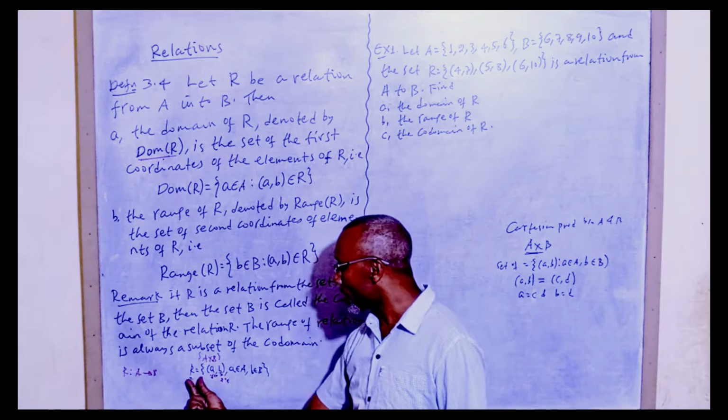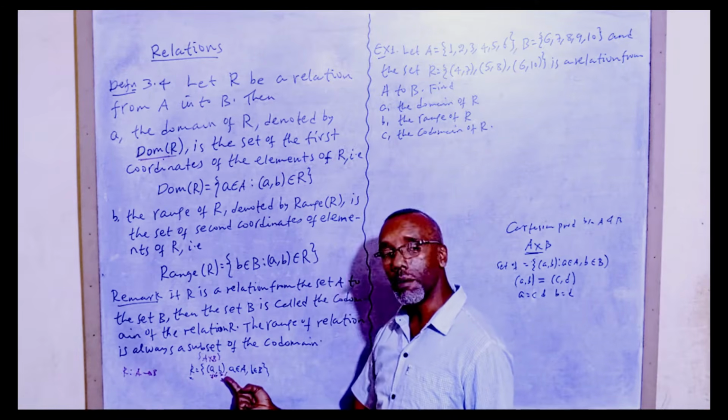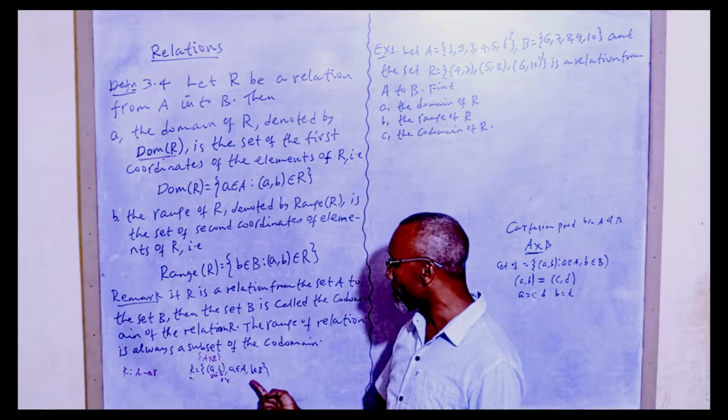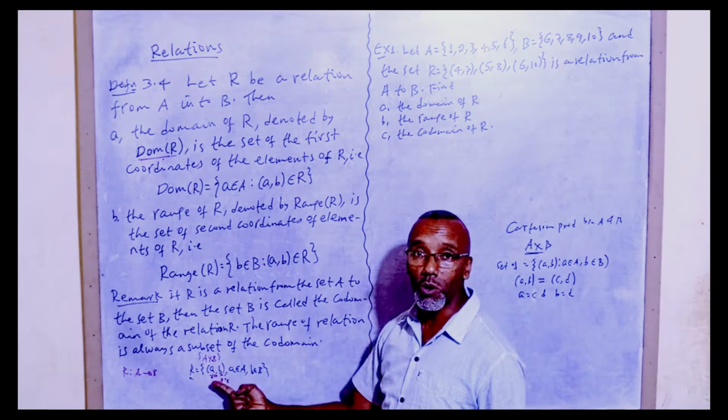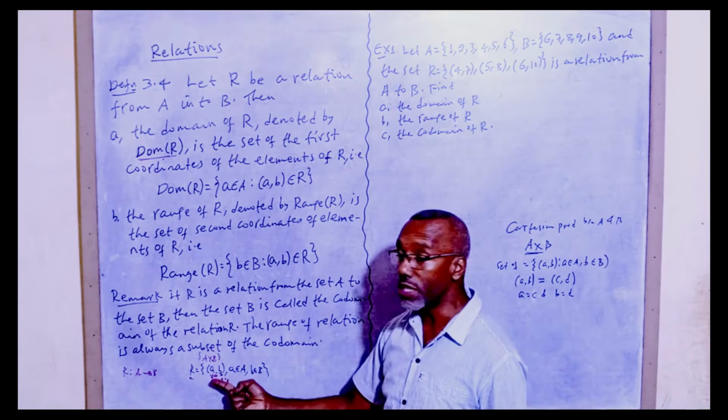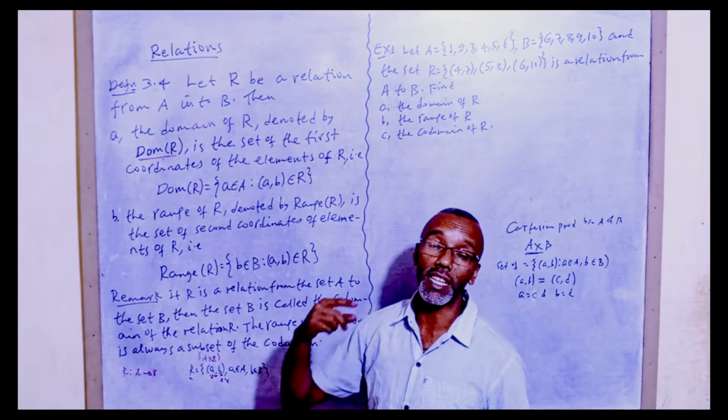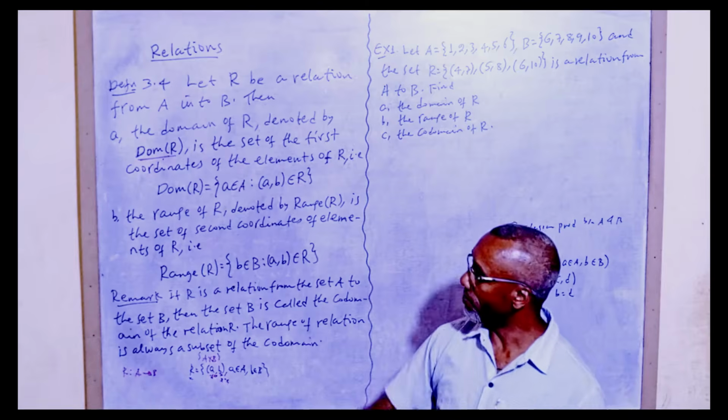Relationአችን the set containing (a, b) such that a is an element of A and b is an element of B ስለሆነ, the set containing the first coordinates of the relation can be taken as the domain of the relation.